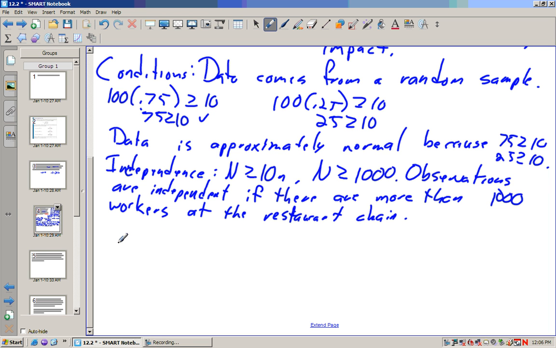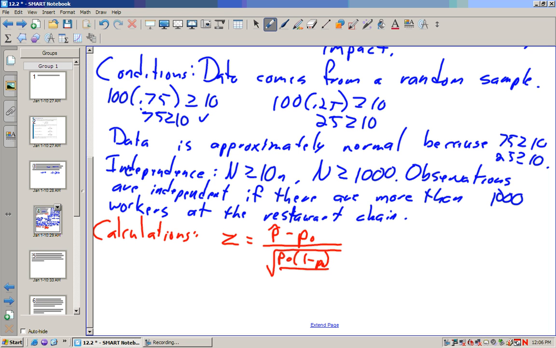So now we'll look at calculations. All right, so now we're going to look at our z-test. So we're going to take our proportion that we got minus our null proportion. Now we divide that all by our null's standard error.